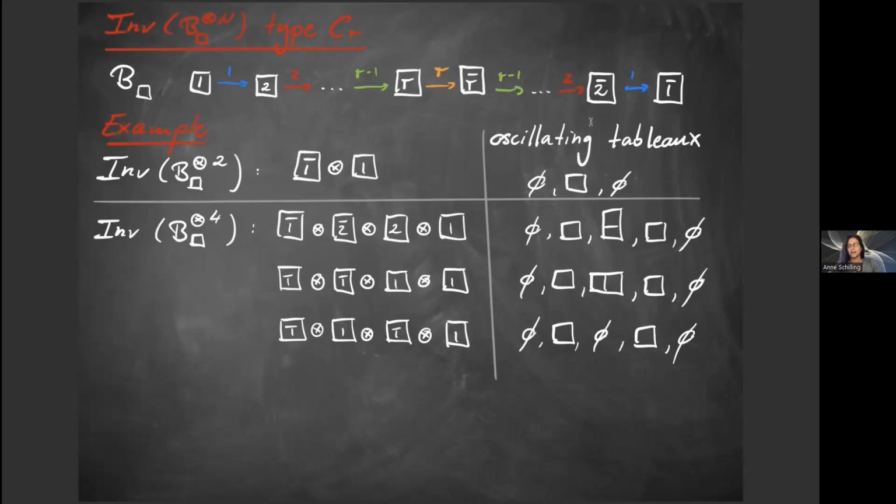The vertices are given by boxes filled with the numbers from 1 up to r and r bar down to 1 bar. And these arrows tell you what the crystal operators do. So this blue arrow labeled 1 tells you that f1 takes a 1 to a 2, f2 takes a 2 to a 3, and so on. That's what this crystal graph is telling us.